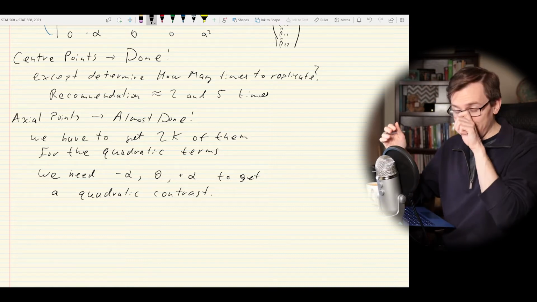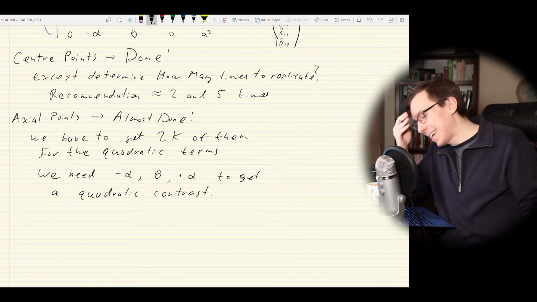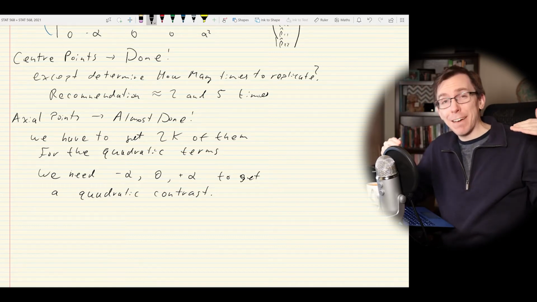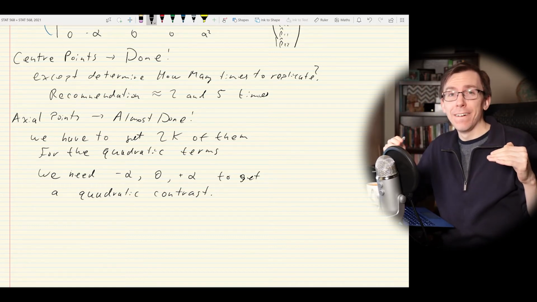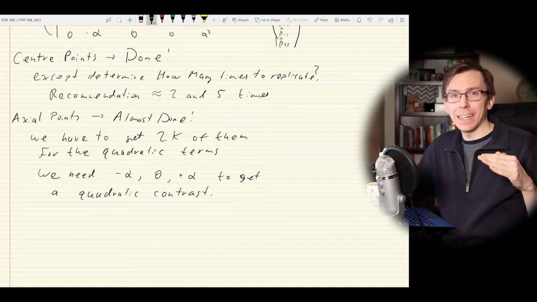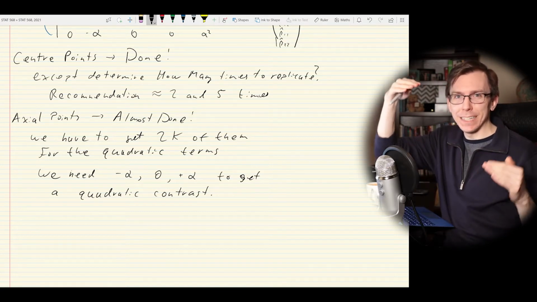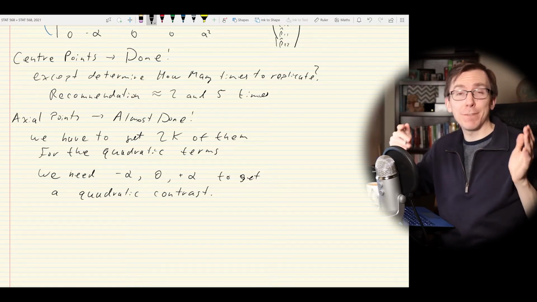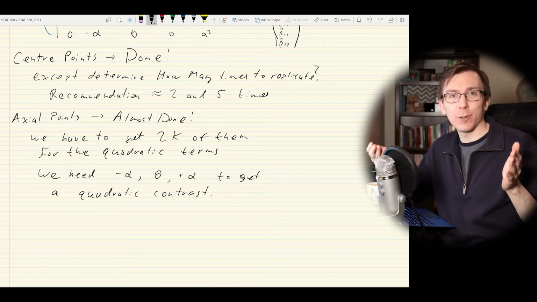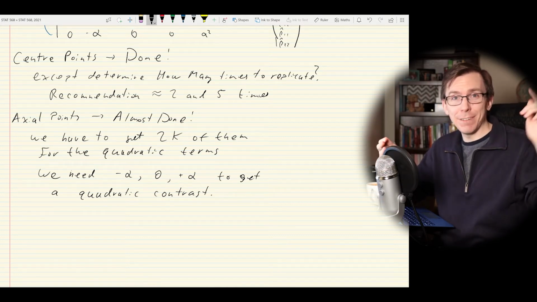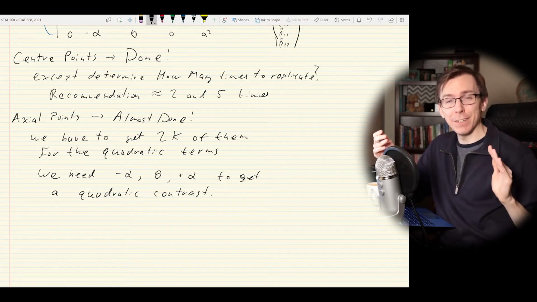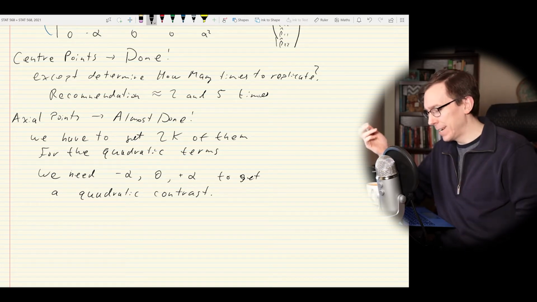So remember what we talked about when we did 3 to the k factorial designs? Because I have 3 factor levels now, I can go beyond just looking at, well, is one level bigger than the other? Is there a linear change? I have 3 points, which means I can get quadratic changes. I can see if it goes down and then up. I can see if it goes up and then down.